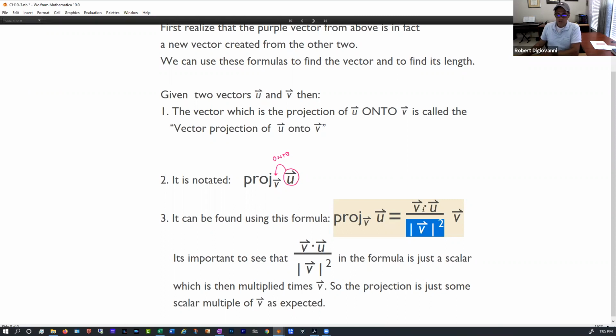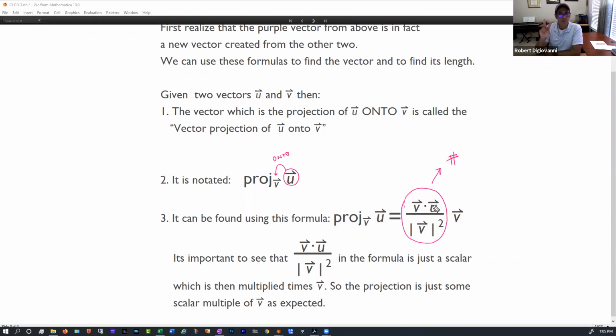You look at the vector you're projecting onto, V, find its length and square it. Now, everything that you see here is a number. Think about that.